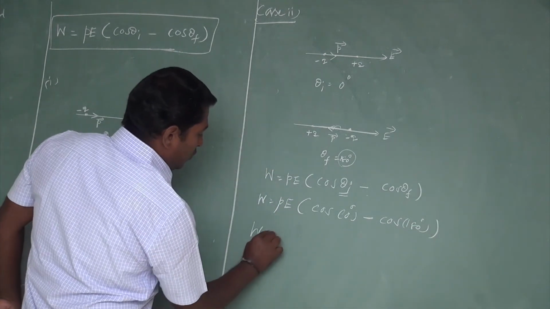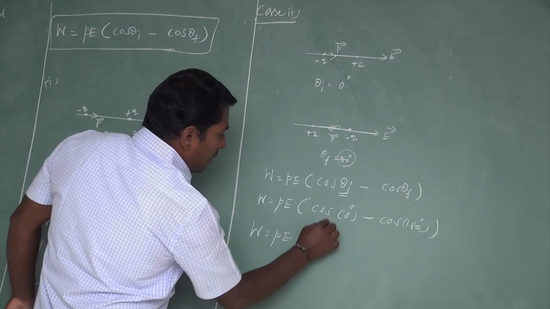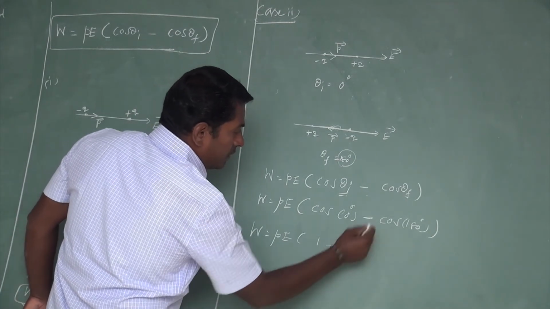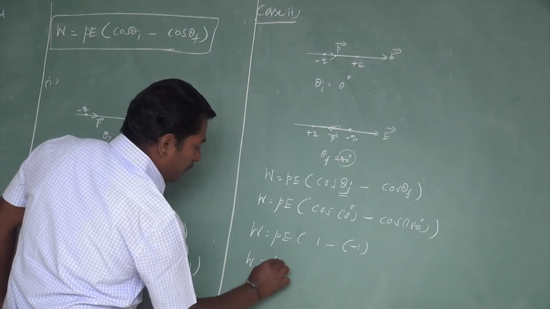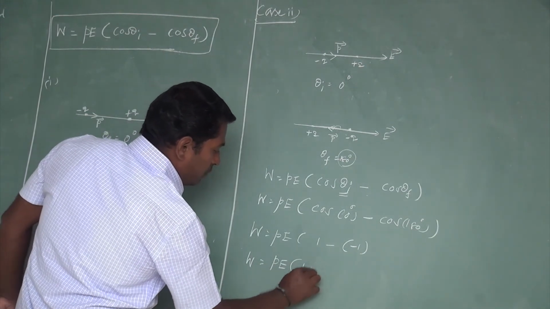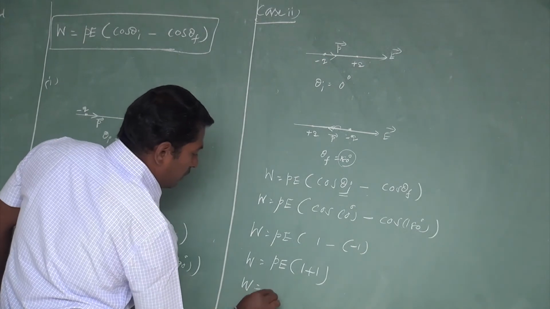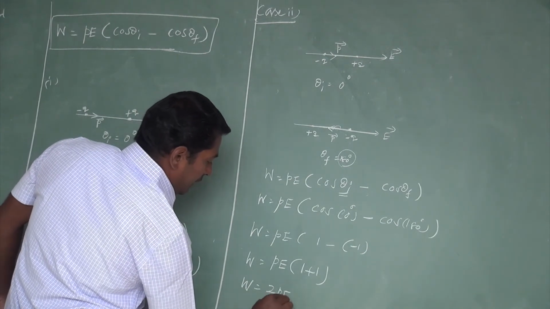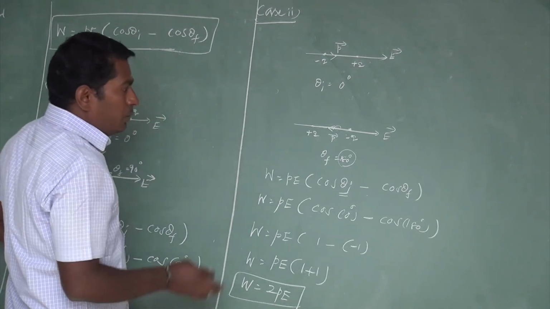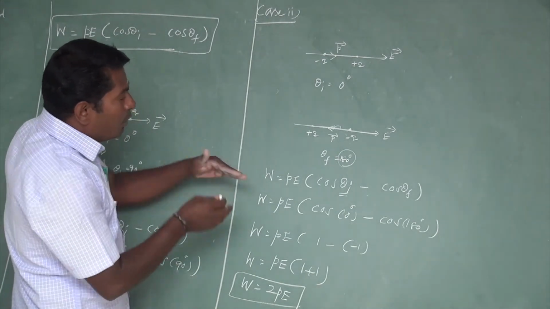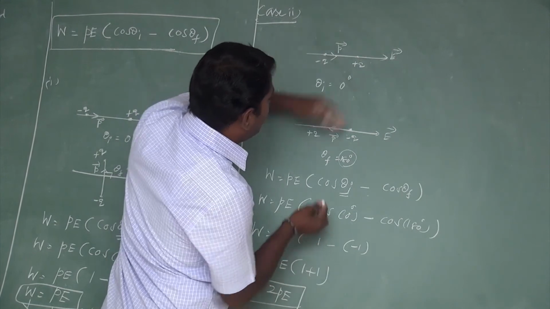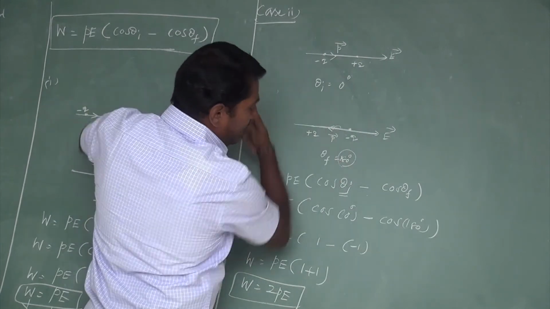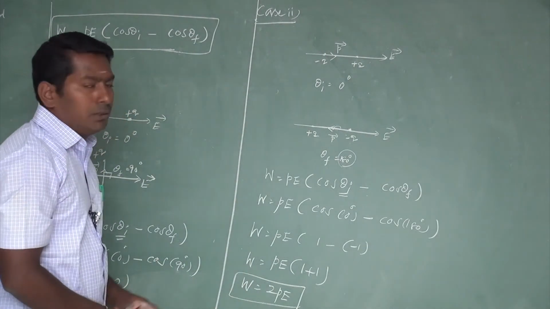So therefore W is equal to PE cos 0 value 1 minus cos 180 value minus 1. So W is equal to PE (1 plus 1), W is equal to 2 PE. So the final conclusion, amount of work done required to rotate an electric dipole from axis parallel to axis anti-parallel, W is equal to 2 PE.